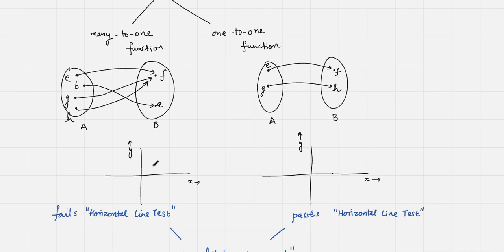You have E comma F, G comma F, and H comma F. So G and H are also mapping to this. B is going to some other point A. So the graph could look like this.